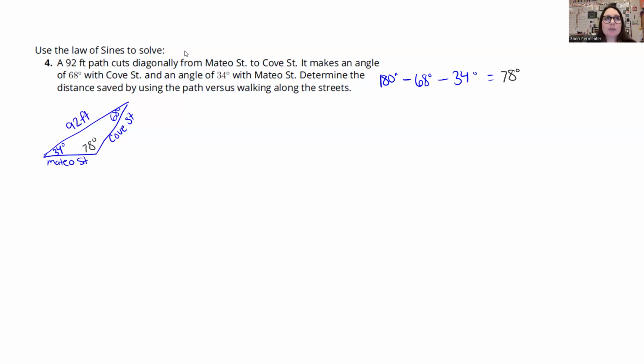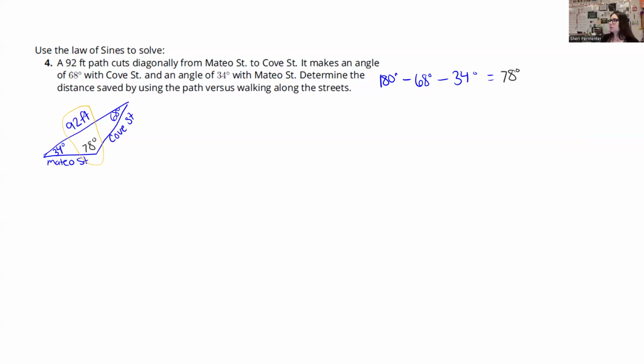Now, if I'm looking at my picture, do I have a side angle pair? Do I have a side length and an angle across from it that I know? Yeah. So this tells me that I'm using the law of sines. If I know a side angle pair, then I can set up the ratio for the law of sines.